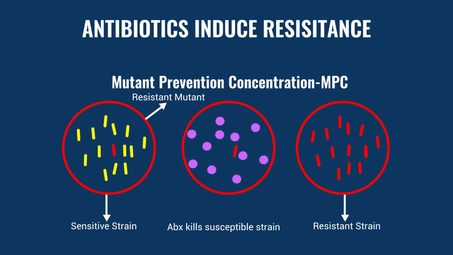These are concentrations high enough so that they prevent any mutant from developing and therefore minimize resistance. A lot of work is being done on this MPC. At this point in time, we don't have all the data to understand and use it at the bedside, but understand that the MPC concentration should be much higher than the MIC that we use.